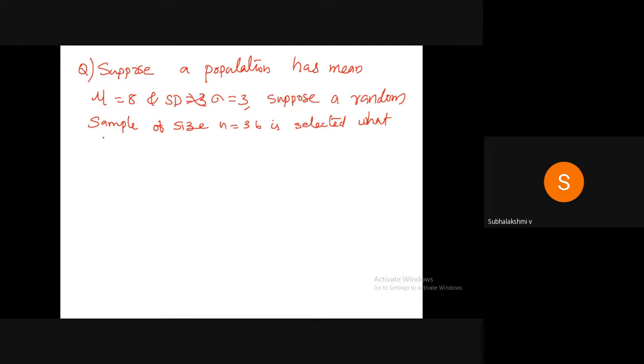What is the probability that the sample mean is between 7.8 and 8.2?